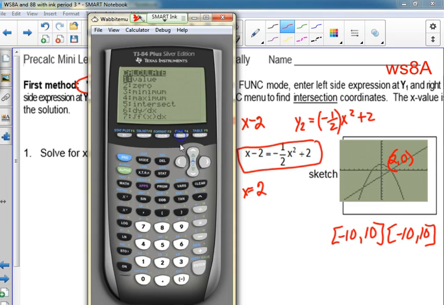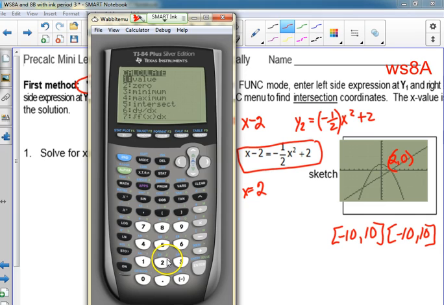If I go back here to second trace, intersect, enter first curve, enter second curve, guess, this time I want to find one over here. I can scroll to the left till I get over here, or it looks like it's somewhere around negative 4, so I'm just going to type in negative 4. Hit enter. Yeah, nope, didn't need to hit enter again. Messed that up.